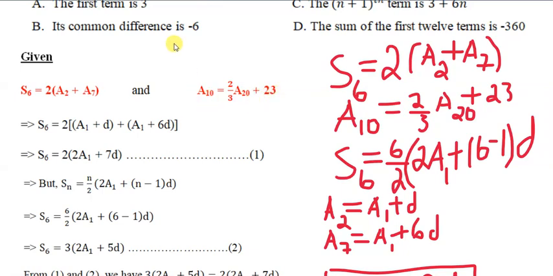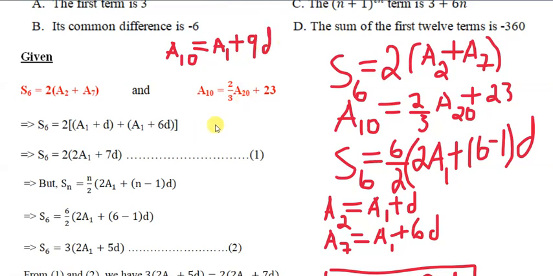Note that this a10, in terms of the first term and the common difference, is written as a1, the first term, plus 9d, the common difference times n minus 1. Our n is 10, then 9d.